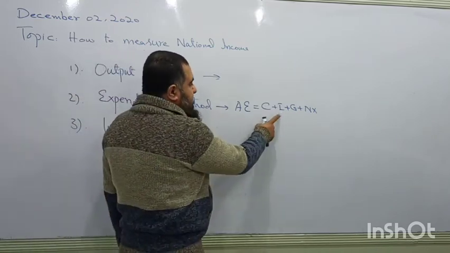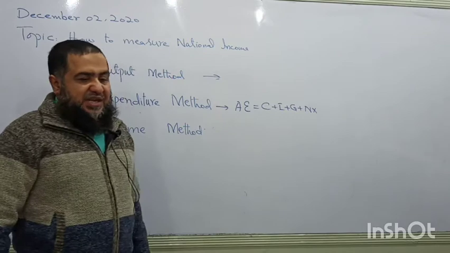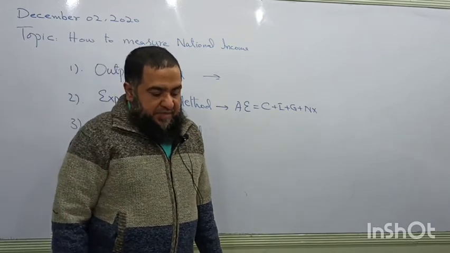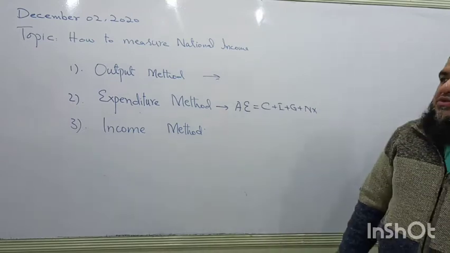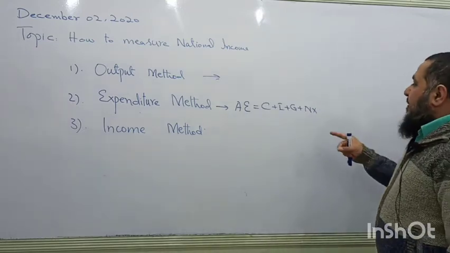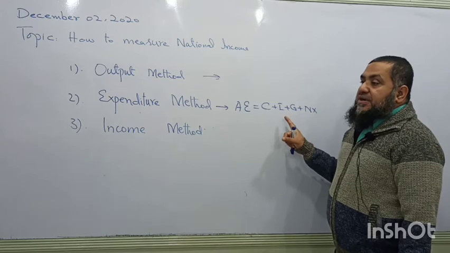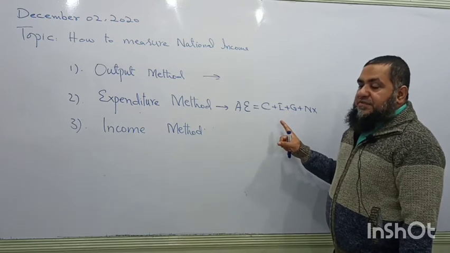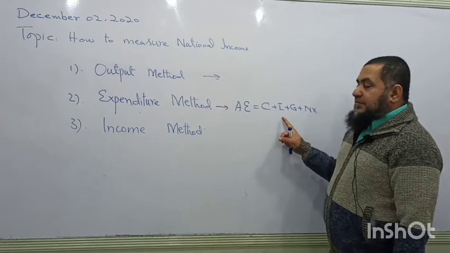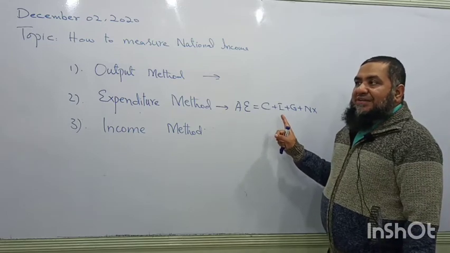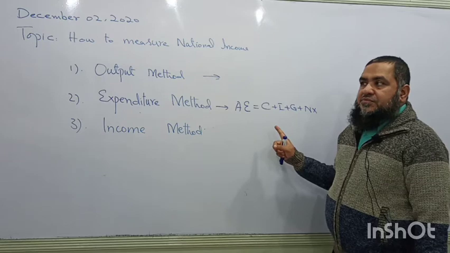And now investment, C plus I. Investment means capital investment, like producers spending to buy different types of capital goods which will be used for the production of other goods and services. This is called investment expenditure.